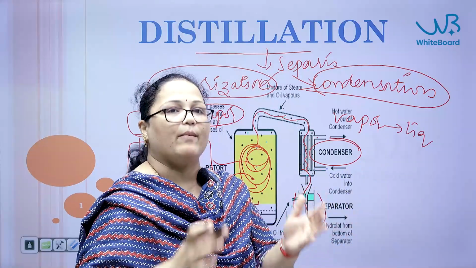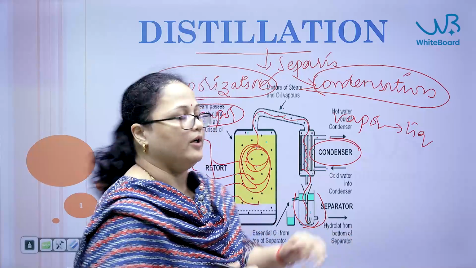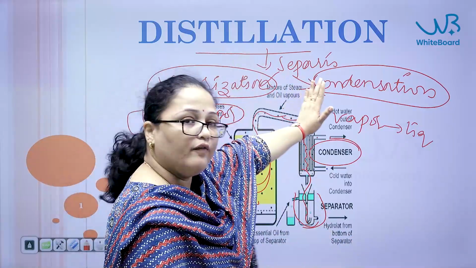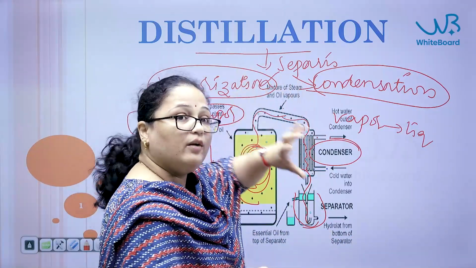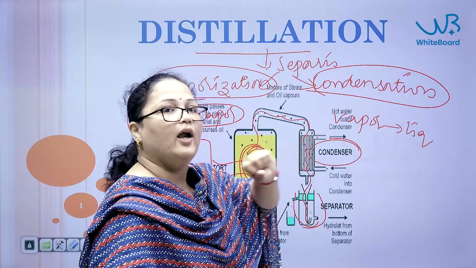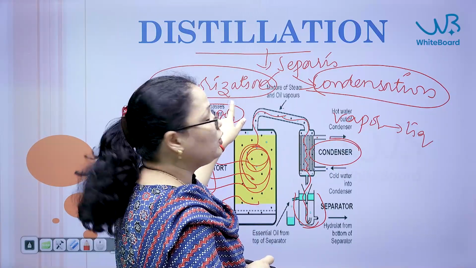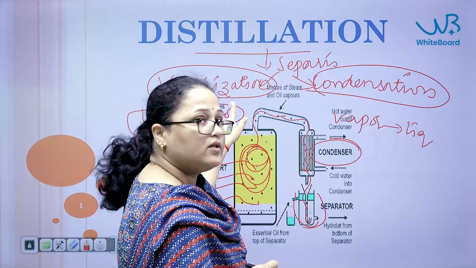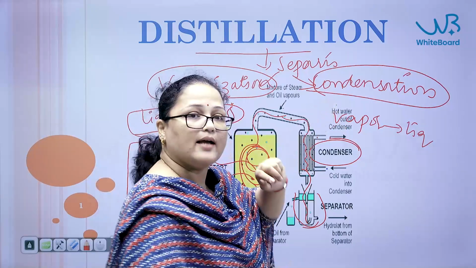Again, they will be separated into the individual components. So basically, distillation is a separation technique used to separate the liquid mixture by using two processes. What are those two processes? Vaporization as well as condensation.